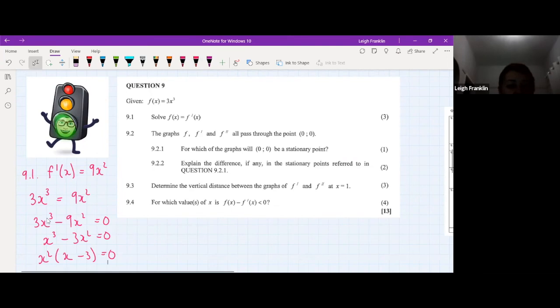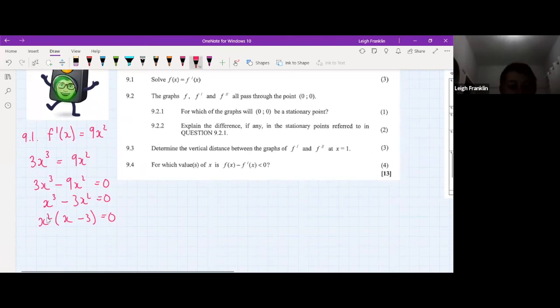And two solutions, so either where x is equal to 0 or where x is equal to 3. Okay, so the graph of this cubic function, we know that it has an x-intercept and a turning point at 0, and then another x-intercept at 3. That's what the graph looks like. And we know that, again, it's going to be concave down and then concave up.